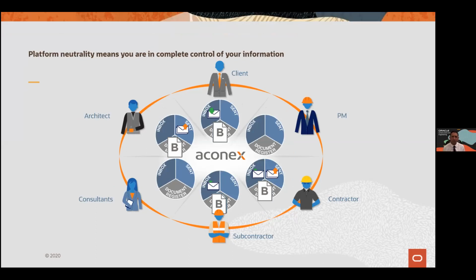And similarly, at the end of the project, you'll also be able to go with this information as it was. So for instance, the subcontractor here will have access to his project data. That would include data that he input into the system and data that he received from other parties, and he'll be able to archive that data at the end of the project. And this is very good because you'll be able to defend a decision you took.